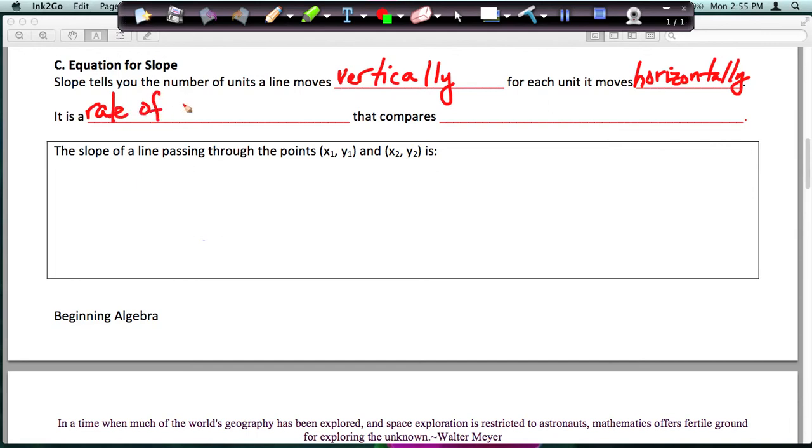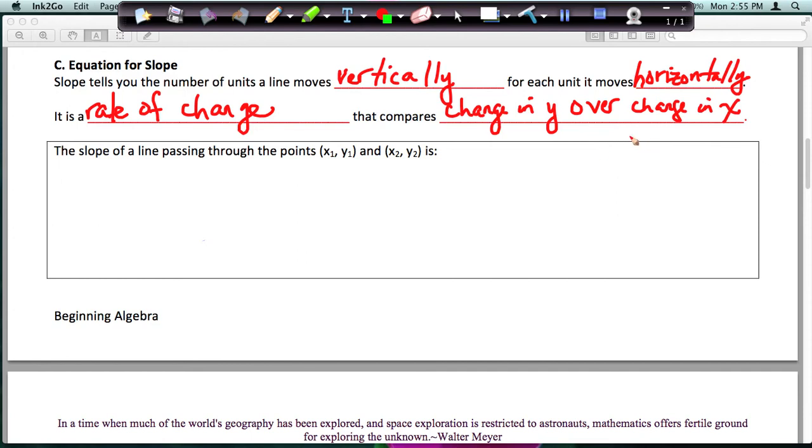So how fast are things changing, or how slowly are they changing. That compares change in y over change in x. And we think of it sometimes as rise over run. How far up or down are you moving over how far right or left are you moving?